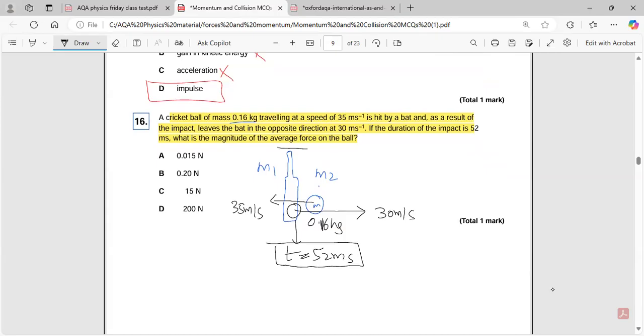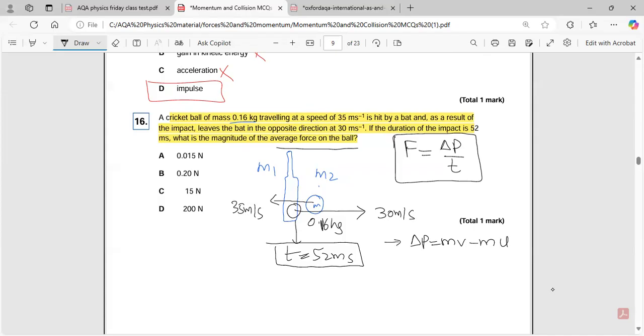So what is the force acting on the ball? Force on the ball is the change in momentum over t, obviously. And the change in momentum is mv minus mu. That's how you can find the change in momentum of the ball.